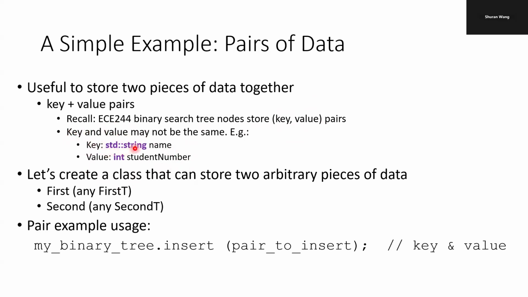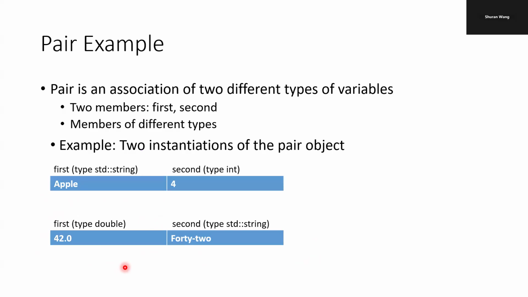Say we have a key of a string name and the value of an integer. And in this tutorial, we are going to create a class that can store two arbitrary pieces of data, first and second, of any first type and second any second type. And this can be used in arbitrary classes like binary search tree, linked list, and anything like that.